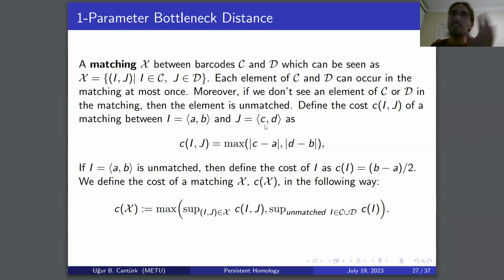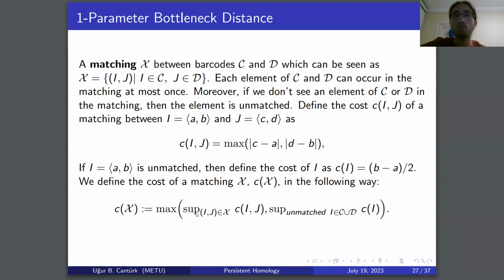In the general case, for real-indexed persistent modules, the left or right end can be closed or open. Then the cost will be the maximum of the absolute differences between the x coordinates and y coordinates. And if the interval a to b is unmatched, then the cost will be (b minus a) over 2. Then we define the cost of the whole matching in this way.